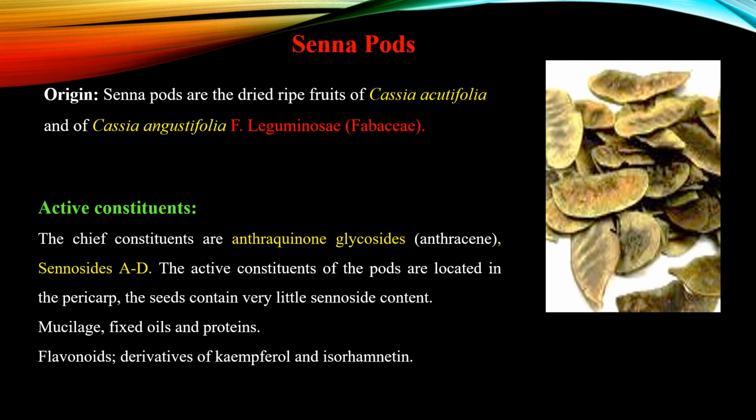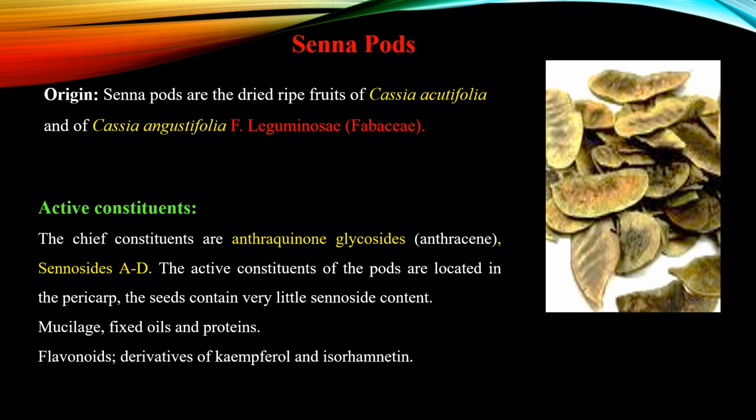Senna pods. Dried ripe fruits of Cassia acutifolia, known as Alexandrian senna, and Cassia angustifolia, known as Indian senna, family Leguminosae or family Fabaceae. This is the pods of senna.